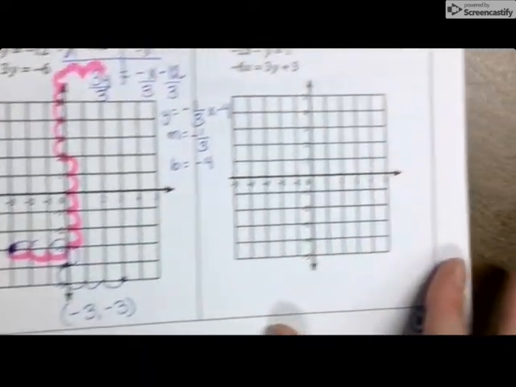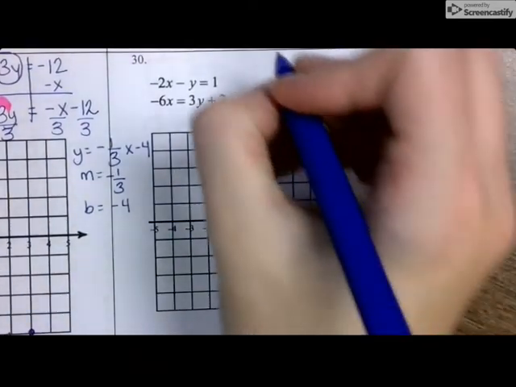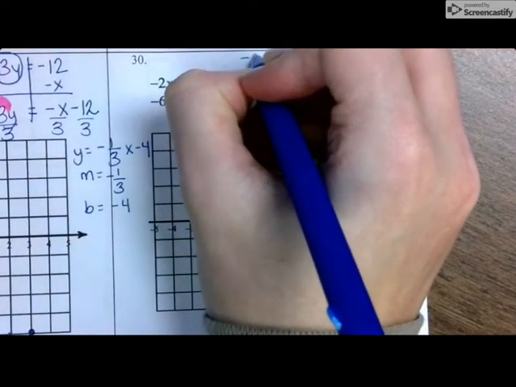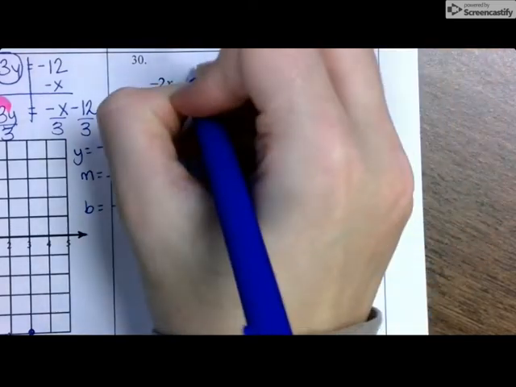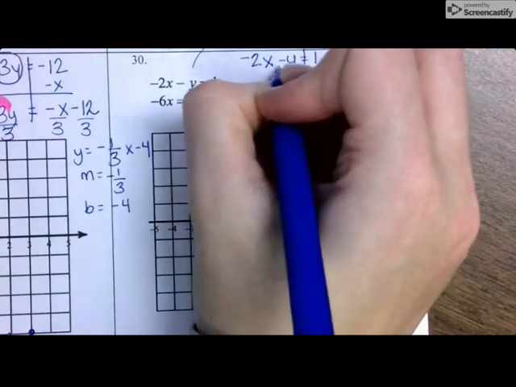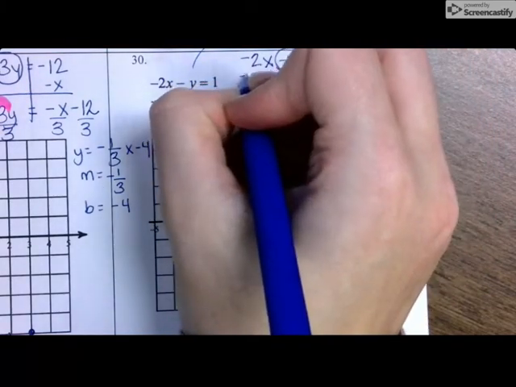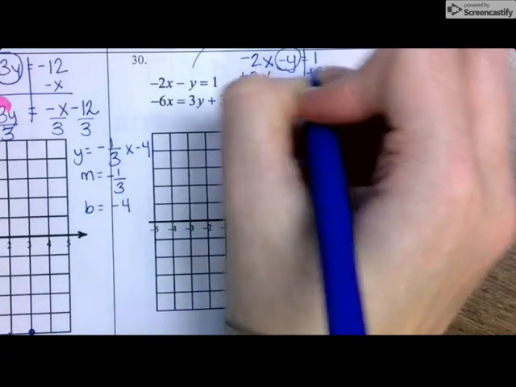Let's plot one more. I'm going to do negative 2x minus y equals positive 1. So this one's going to be right here. The inverse of negative 2x is positive 2x.